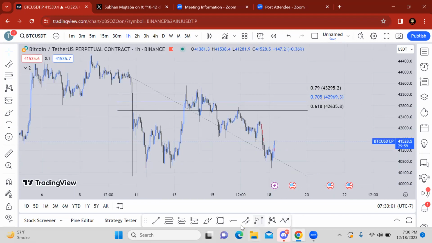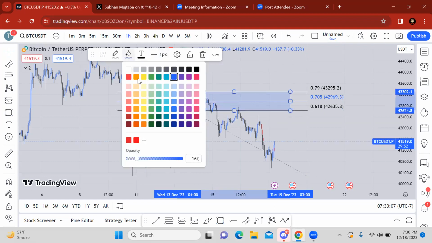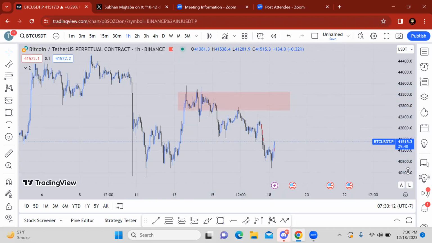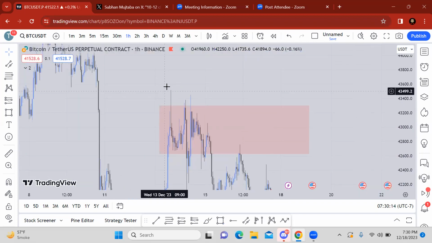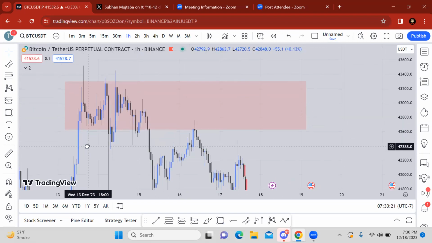Now you have this area to be marked, and that means this is a danger zone, a short zone. You are not going to enter in it. I will wait for H1 to structure shift. It created a high, and the structure shifted here beautifully.